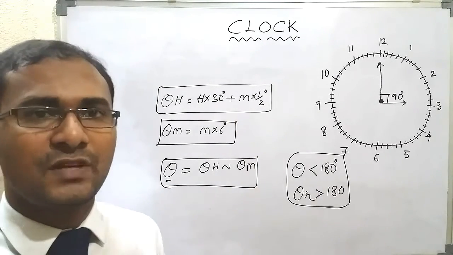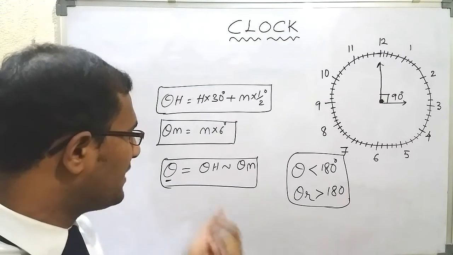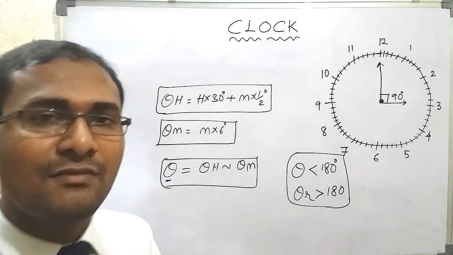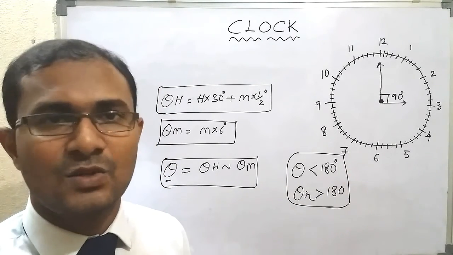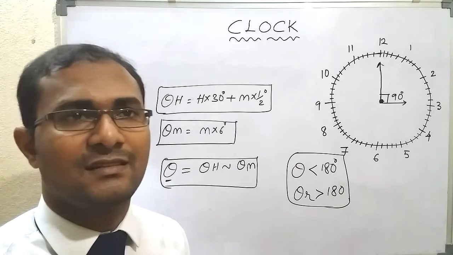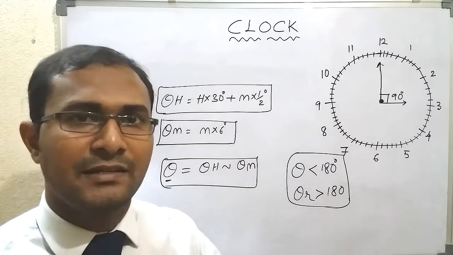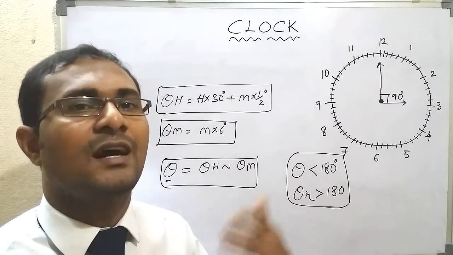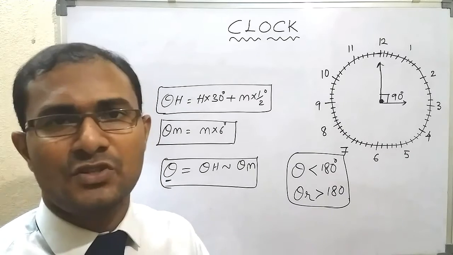In the first video and second video, class part 1 and class part 2, I have explained how to find the theta value and theta r value, and one more model also. The model is like, at what time between 4 o'clock and 5 o'clock the hands of a clock form a 90 degrees angle, and the coincide condition or opposite condition. That model also I have explained with very simple shortcuts.